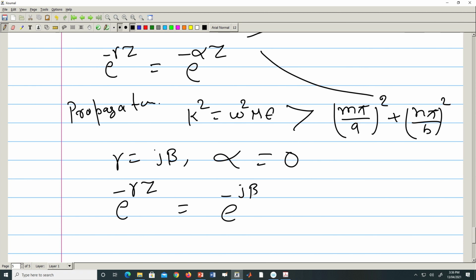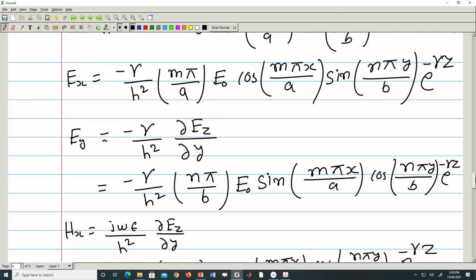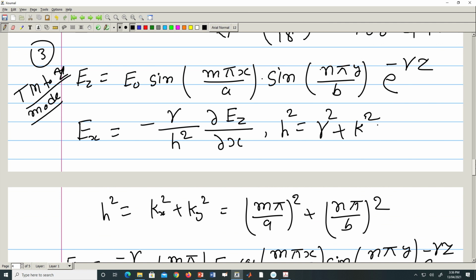From this expression we can compute the power flow in the waveguide. Similarly, we can write this for the TM to Z mode, we will compute the power flow for this TM to Z mode, and we will do the third problem. And similarly, for the TE to Z mode, this can also be written.